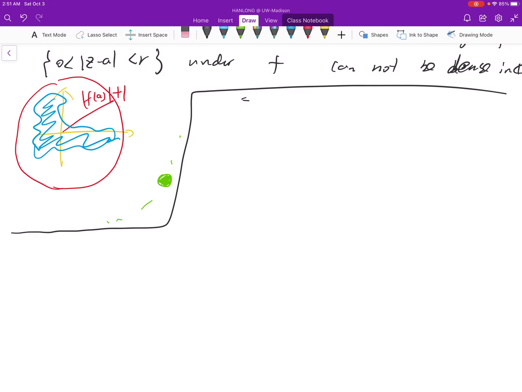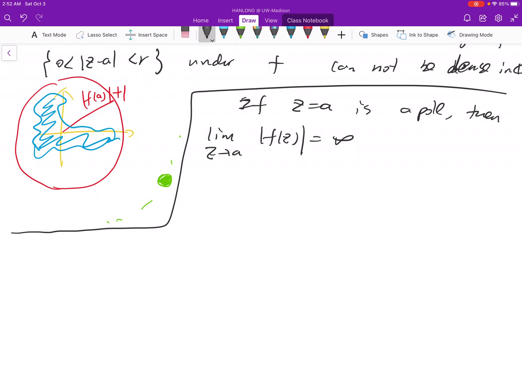So if z equals a is a pole, then the limit as z goes to a of f(z) is infinity, and hence there exists some. So the argument is similar to the above case.